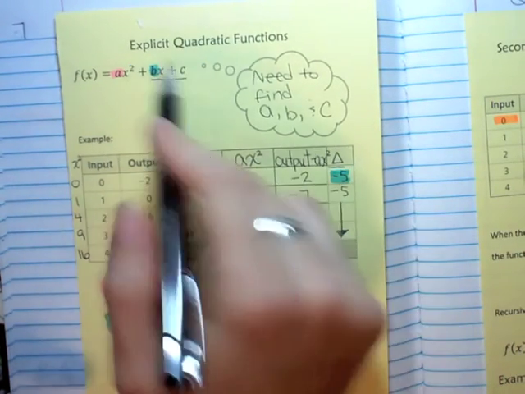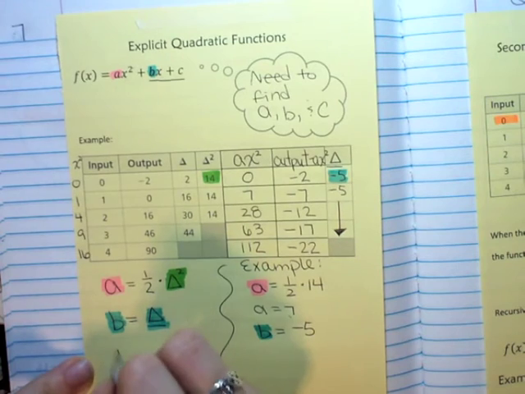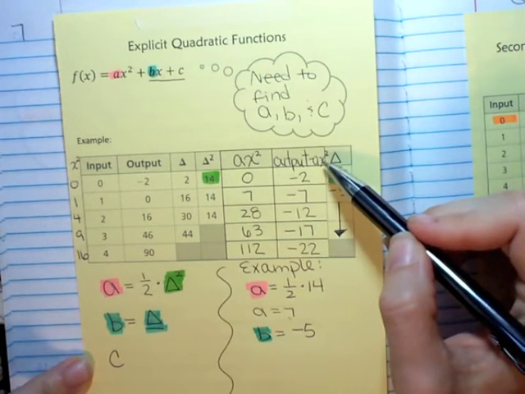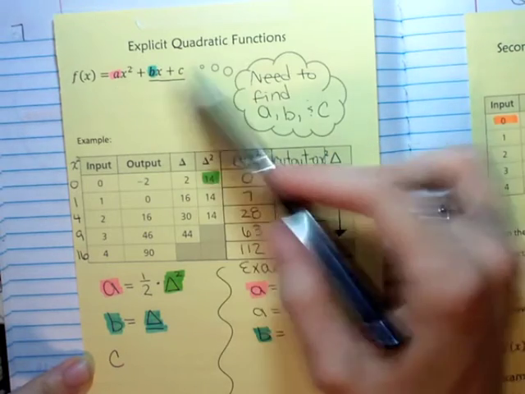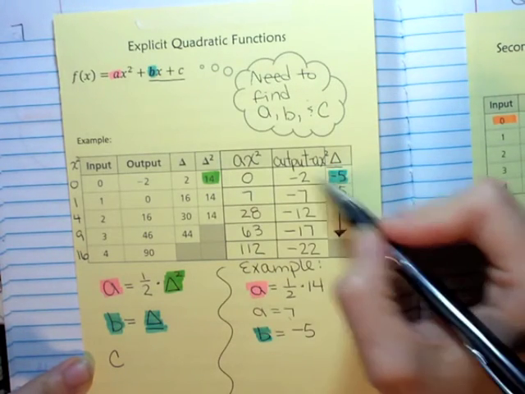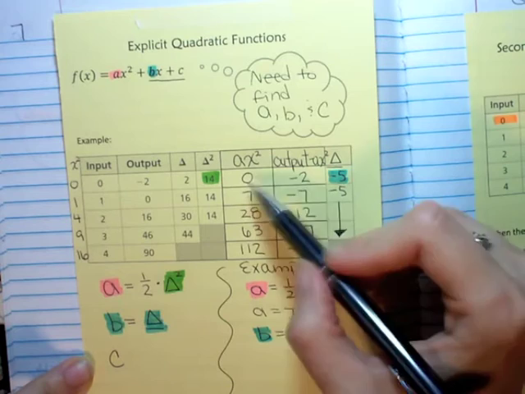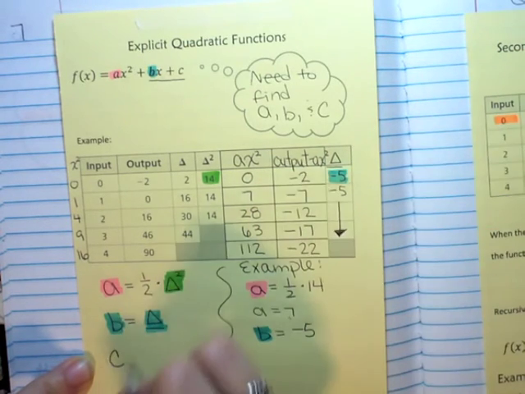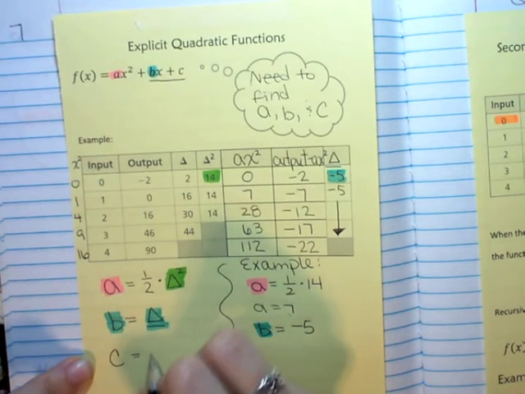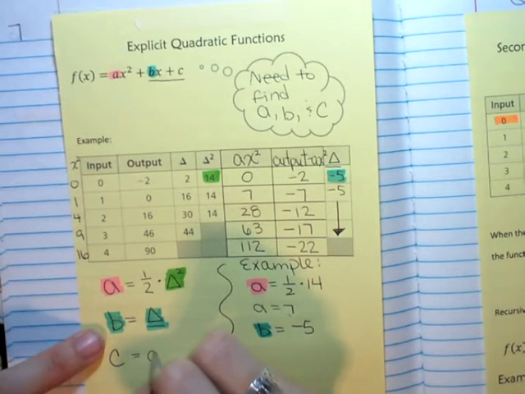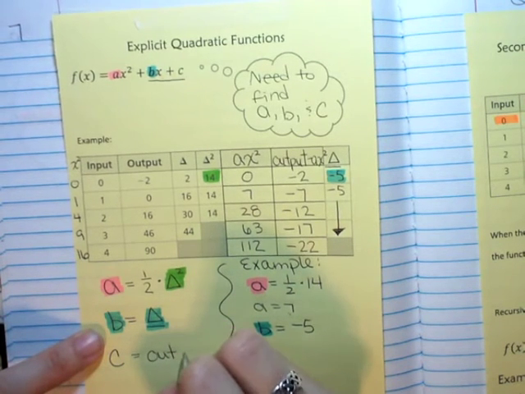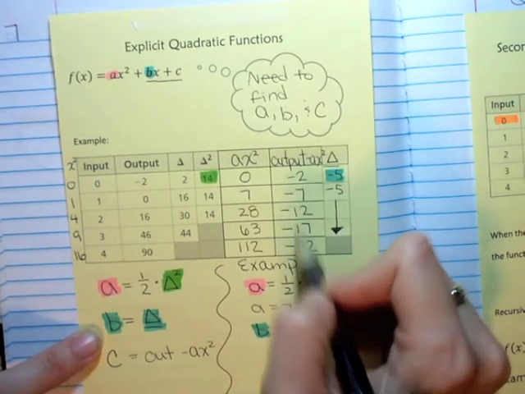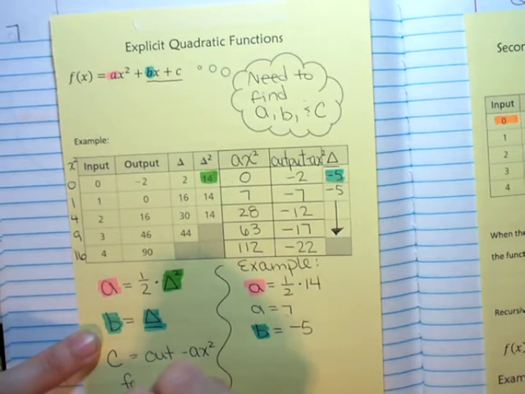All right, the last thing we have to find is our c. And since we are looking at these last two columns for our linear part of our function, we're going to look the same as we would before for our output that's next to 0. In this case, it is -2. So we're going to look at output minus ax squared, that was this column here, or input 0.